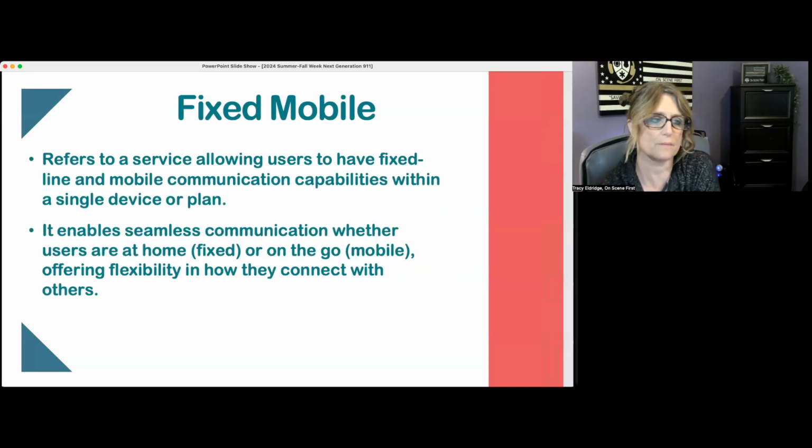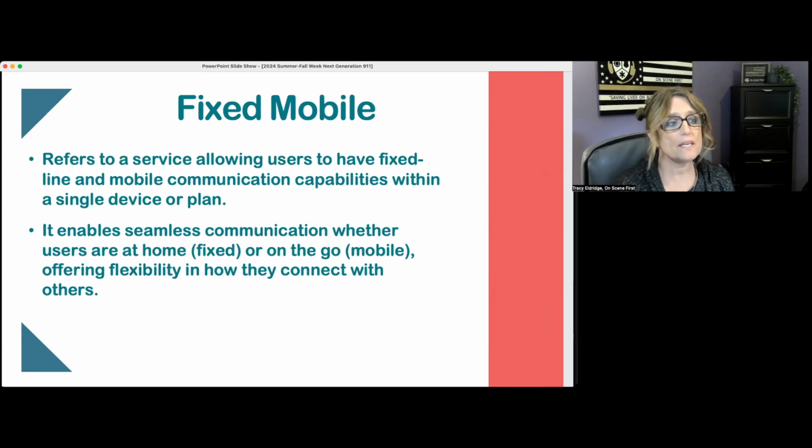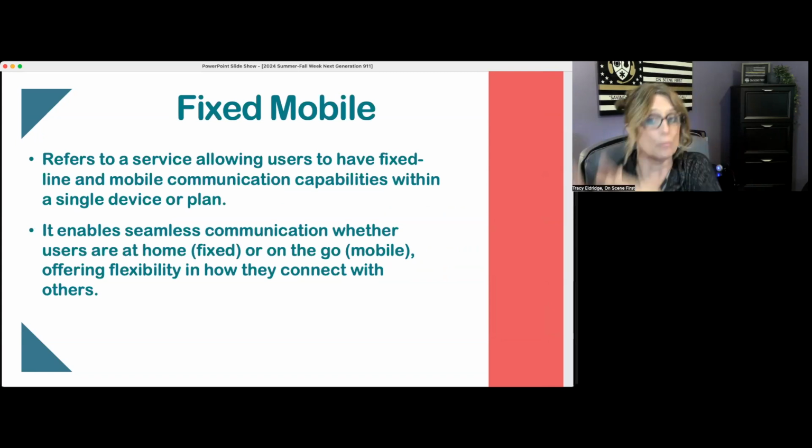Fixed mobile refers to a service allowing users to have a fixed line and mobile communication capabilities within a single device or service plan. It enables seamless communication whether users are at home, fixed, or on the go, mobile, offering flexibility in how they connect with others.